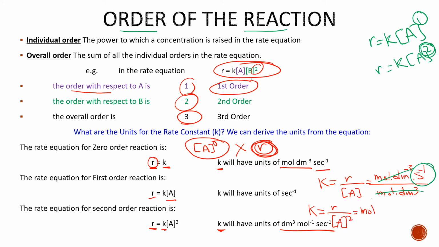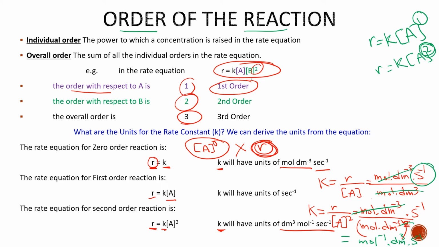We have mole dm^-3 s^-1 over (mole dm^-3) squared. The 2 will be cancelled with this one. So what is the leftover? The leftover is mole to the power negative 1 dm to the power 3 multiplied by second to the power negative 1. So it's easy to derive the unit for the rate constant, and it is a common question in the exams.